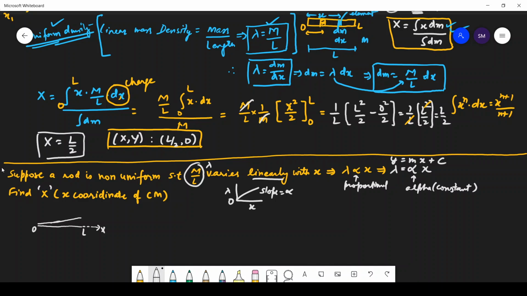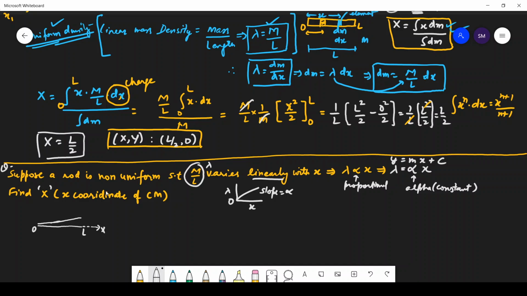So students, what we are doing, we are taking the case of a rod which is non-uniform, such that its mass per unit length, which is lambda, varies linearly with x. According to the expression, lambda is directly proportional to x, meaning lambda equals alpha into x, where alpha is the constant of proportionality.